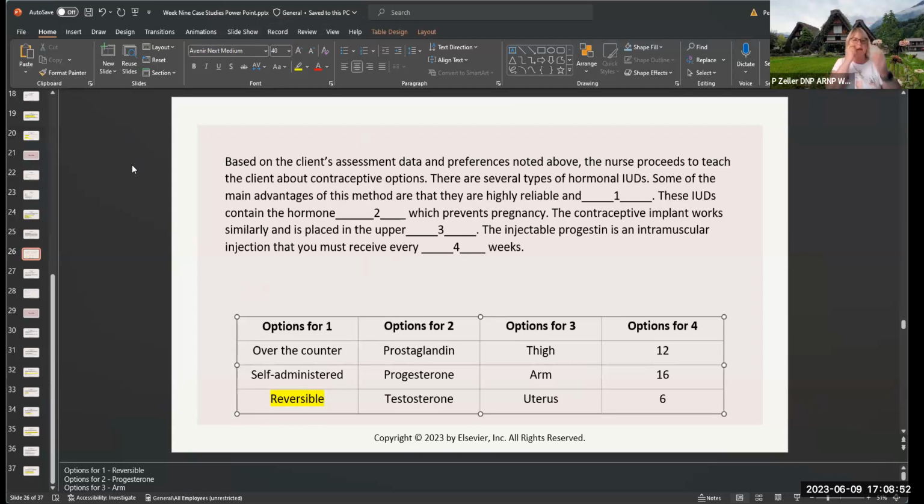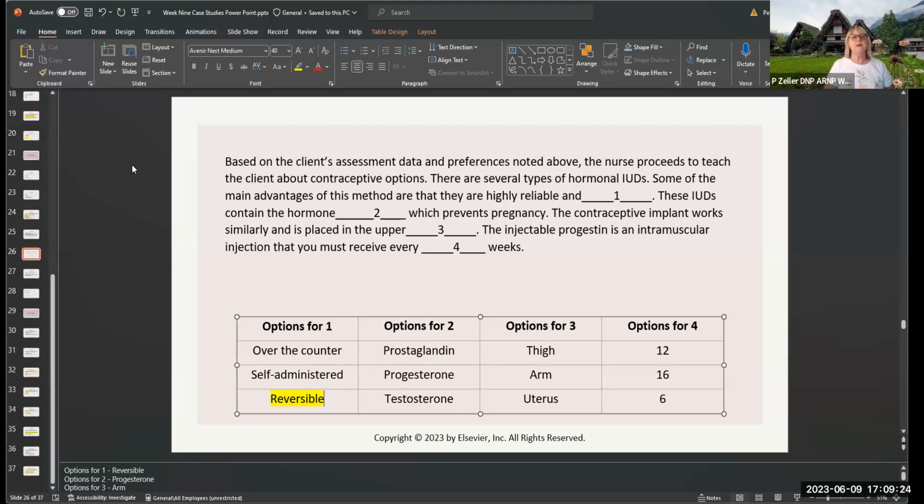Then there's a string that hangs out the cervix so that we can pull it out when she's ready to have it replaced or she wants to get pregnant. The nice thing about the hormonal IUD, which is my favorite to recommend because it's safe for everybody and appropriate for everybody at any age, is that once we remove it, usually they can get pregnant in the next month. There's no delay like there is with the Depo injection.